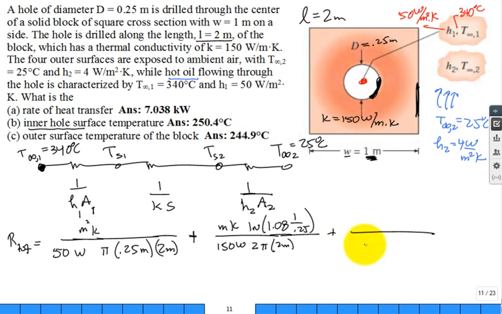Okay, we'll then continue on out here. Is 1 over h2, which is 4 watts per meter squared Kelvin, and the area. What is my area 2? 4 meters times 2 meters, 8 meters squared, right? Does that look okay? Do they all have the same units?